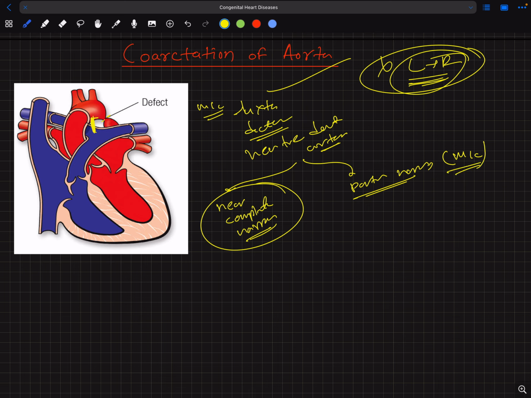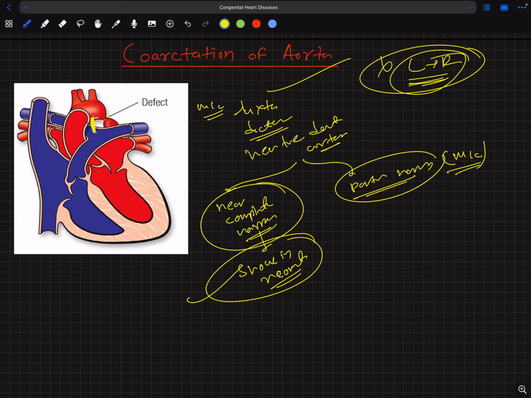If there is near complete narrowing, there will be severely restricted blood flow to the lower part of the body. It can lead to shock in neonates. In case of partial narrowing, there will be partially decreased blood flow to the descending aorta.